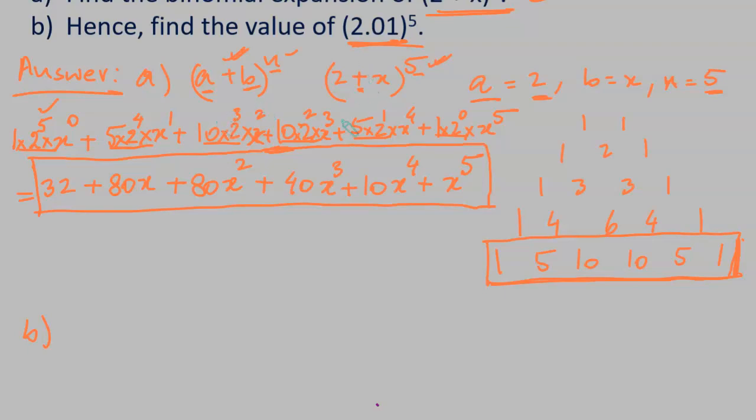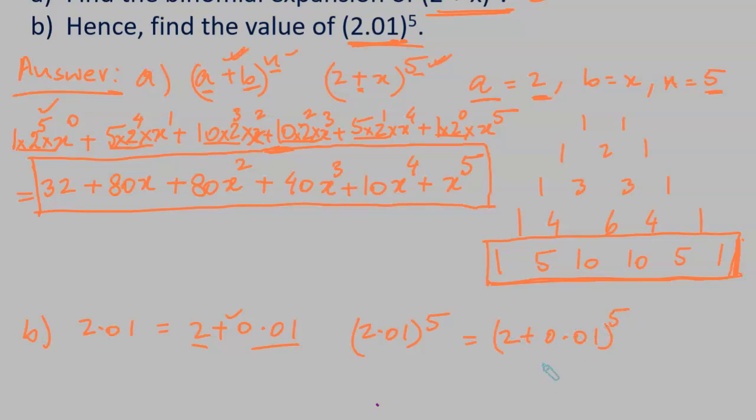Okay. So how can we write 2.01? This can be thought of as 2 plus 0.01. Now we are having two terms connected by this plus sign. So 2.01 to the power of 5 can be thought of as 2 plus 0.01 to the power of 5.